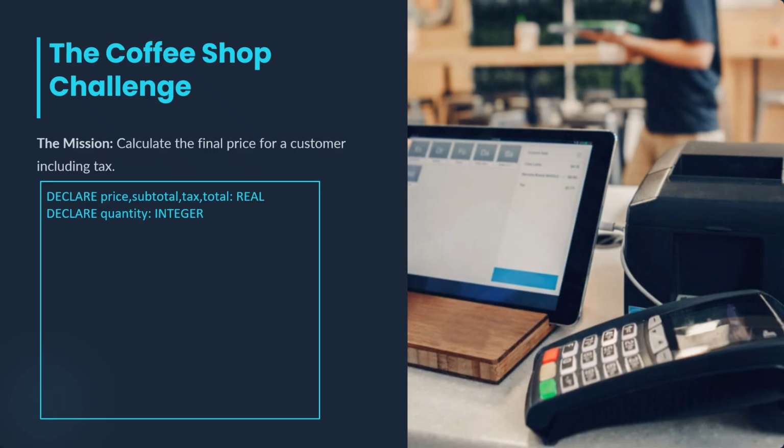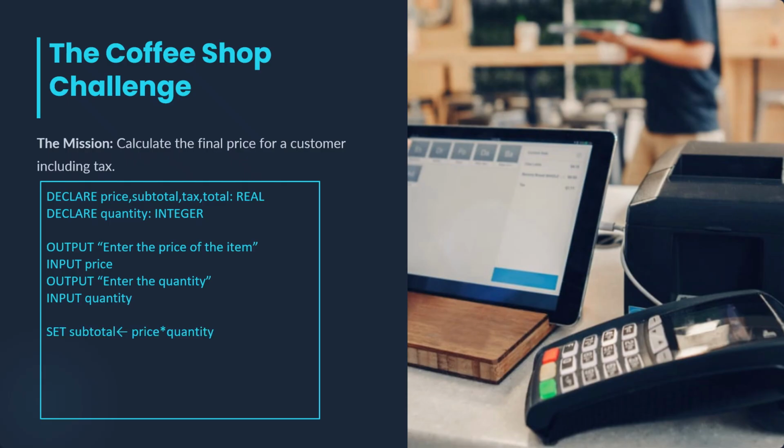Once the declaration is done, it's time to take the input preceded by the output. So we output, enter the price of the item, followed by input price, and then output again, enter the quantity, followed by input quantity.